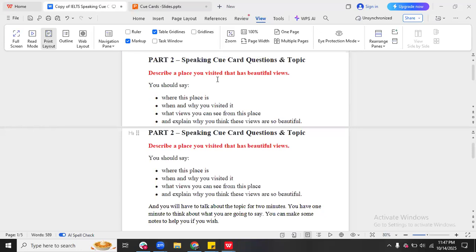Another thing is if you make your notes properly, that's why we have invested so much of our time in this session on the note-taking strategy, because these will help you to talk for 2 minutes continuously. It seems easier at first when you see it, but when you start talking, you often finish early because you don't get ideas on what to talk about.